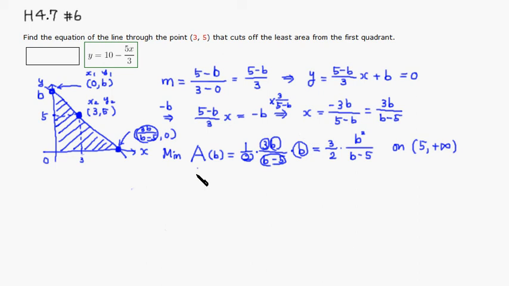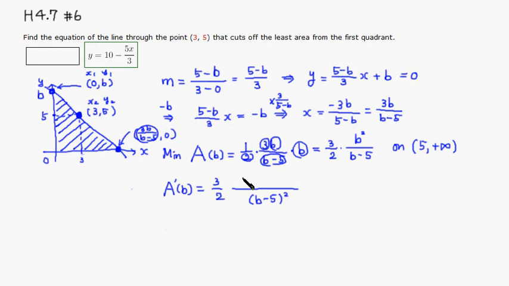All right, so look for the critical number. So we take the derivative. So a prime of b is going to be equal to, all right, 3/2 is just a constant multiple, so just put it outside. Then by quotient rule, we can take the derivative. Quantity b minus 5 squared.